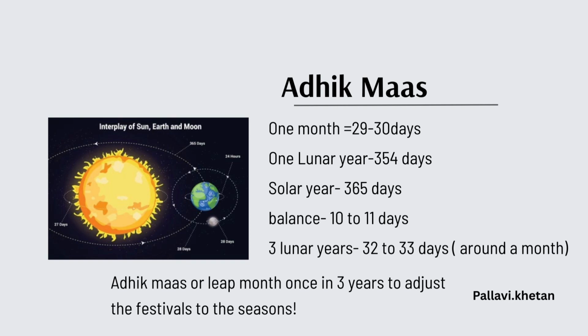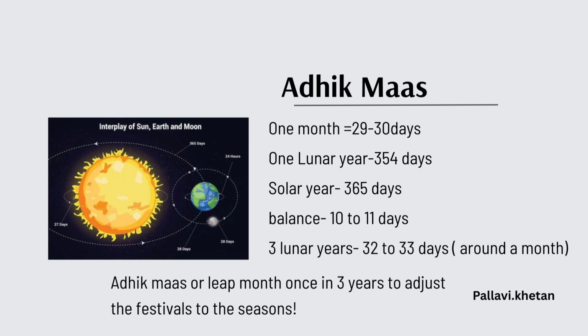Why Adhik Maas? Because one month is around 29 to 30 days in lunar calendar or in lunisolar calendar. And then one lunar year is around 354 days. Because one month is 29 days, when it completes the 12 cycles, it will come to 354 days. But now we want to adjust it to the solar year, which is actually 365 days. So now the balance is around 10 to 11 days.